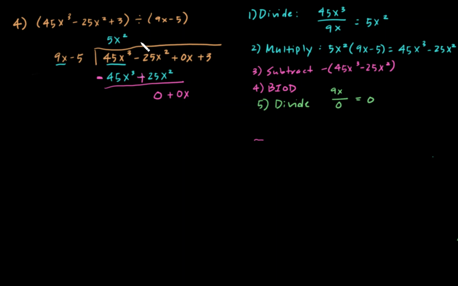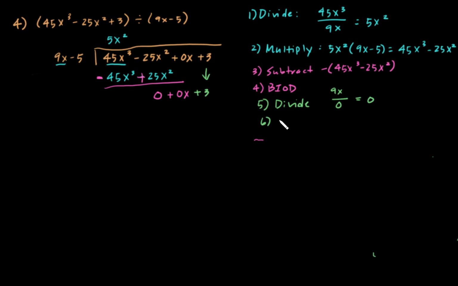So I can continuously write 0 up here, but the last term that I'm going to bring down is a plus 3. Or I could have brought everything down, okay? So I'm going to skip a bunch of steps. Subtracting, there's no point in subtracting 0 with 0 because you get 0. Okay.